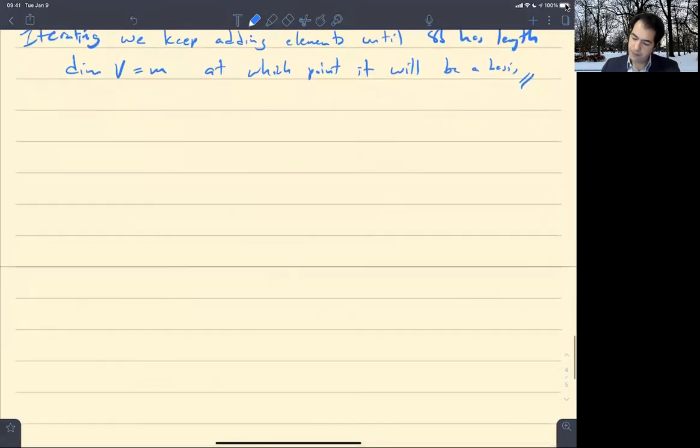Okay. Next, let's prove this theorem, which says that dimensions and subspaces behave sort of how you would expect.